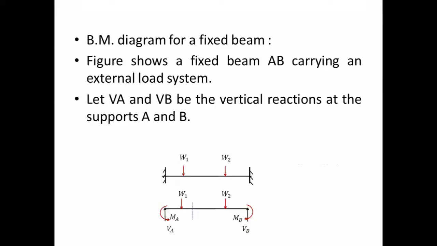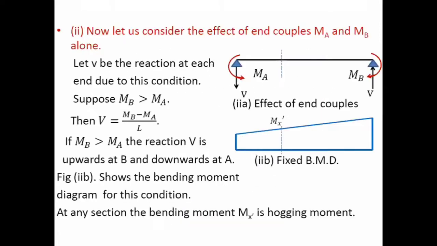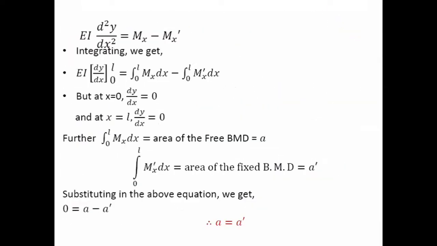We have seen in the initial steps also that the end supports are such that the end slopes remain 0. It means theta at the ends is 0. So that condition we are using first, that is at x equal to 0, dy by dx is equal to 0. On the other end, when we make x equal to L, that is on support B, there also it is fixed. So again the slope there is also 0.